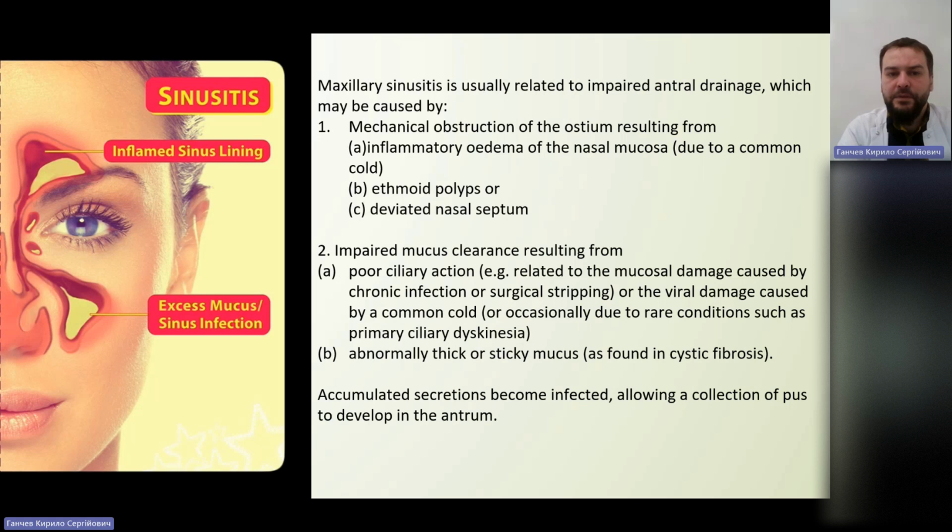Impaired mucus clearance resulting from poor ciliary action. It's those cells that we noticed before. So when they were not good, right? Mucosal damage caused by chronic infection or surgical stripping, or the viral damage caused by a common cold, or occasionally due to rare conditions such as primary ciliary dyskinesia, where those cells do not work well.